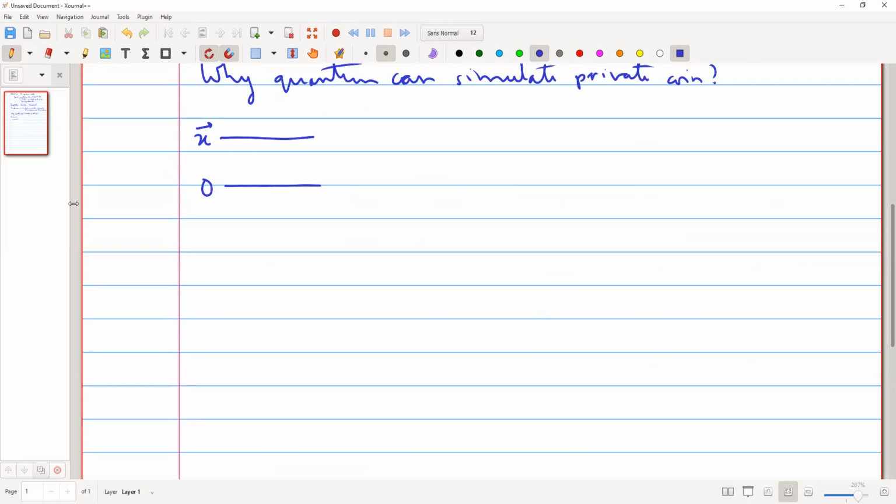So let us say just a 1. I want to simulate it, so I'll set up a circuitry like this. I'll pass this through a unitary operation. I start off with whatever bits I have, let's say the vector X, and I've attached an ancilla.